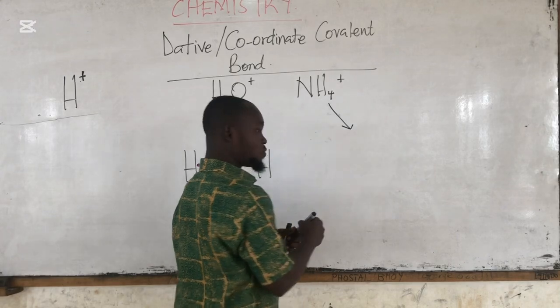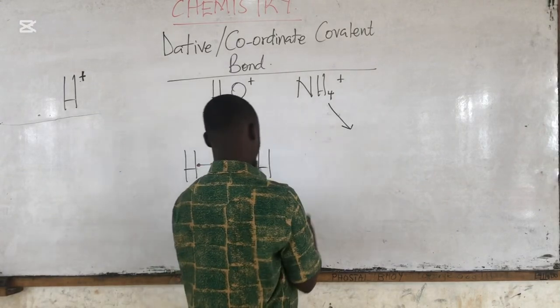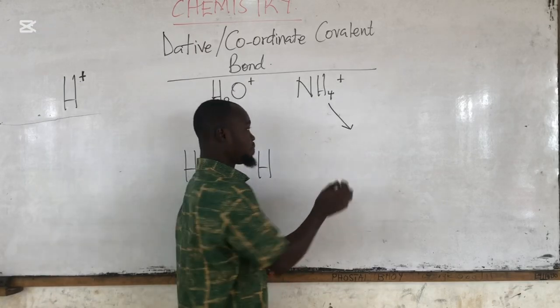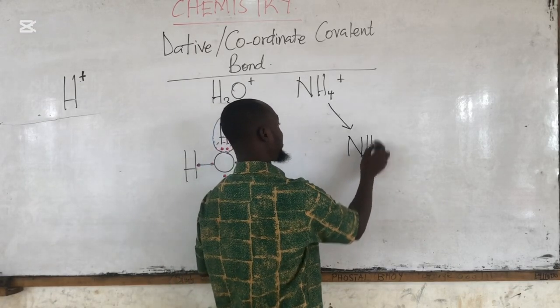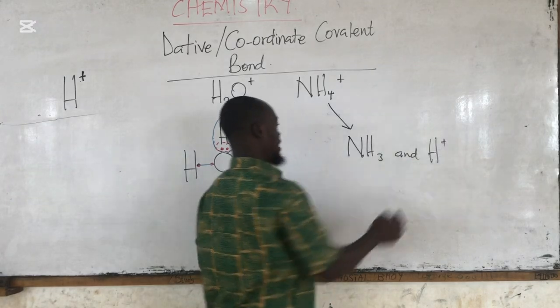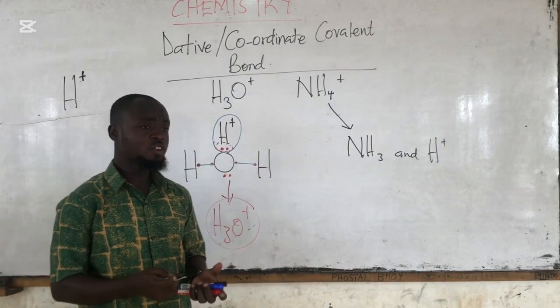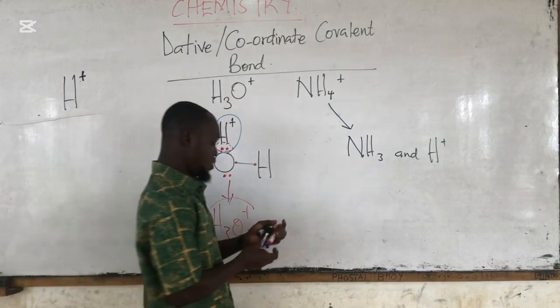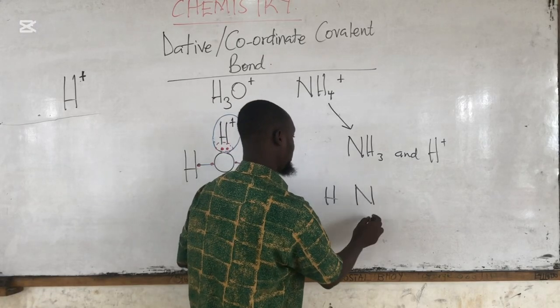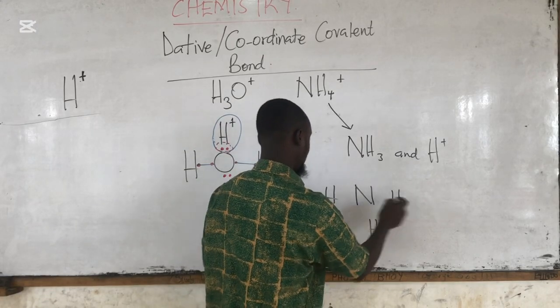Let's look at this one as well. In this one, we have ammonia and H+. So we have NH3 and H+. First of all, let's look at the formation of NH3. In NH3 we have nitrogen with 3 hydrogen atoms.